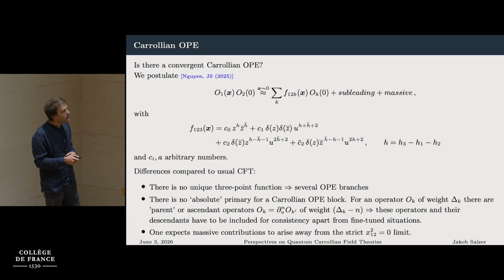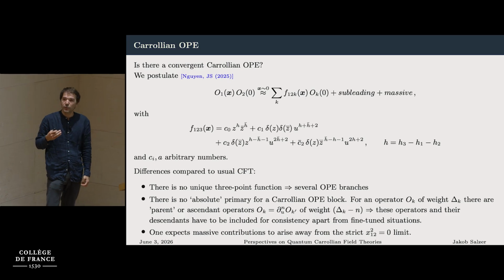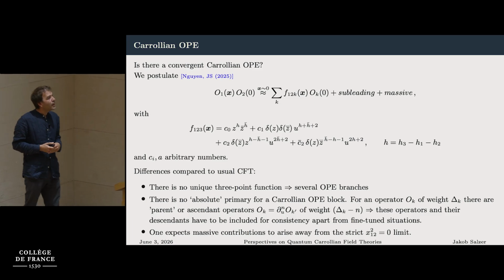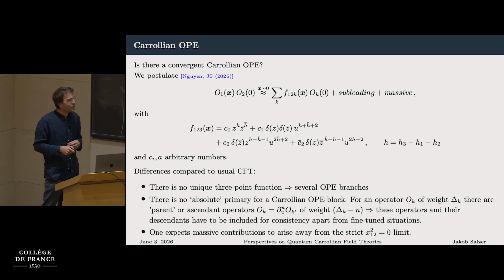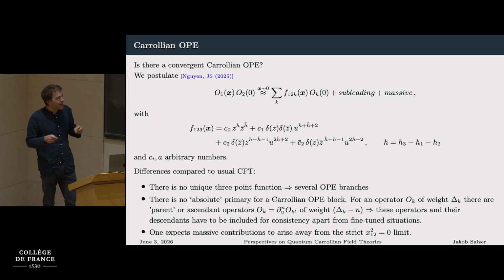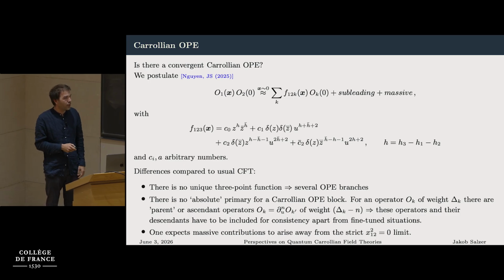Second, in a usual CFT, if you take just one primary operator, all the subleading terms are completely determined by the action of the conformal group on this primary operator. So the subleading terms are given by descendants of the primary operator. It turns out to be a bit tricky here, because we find there's no absolute primary for a Carrollian OPE block.